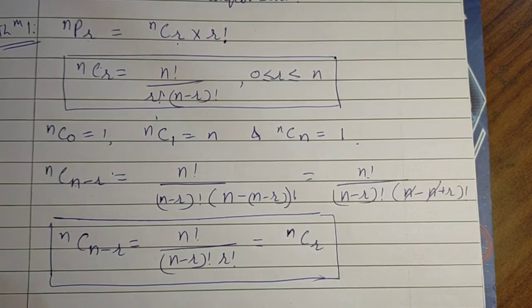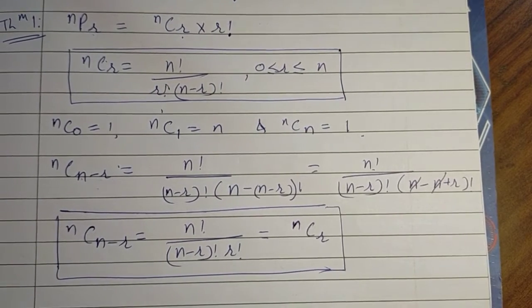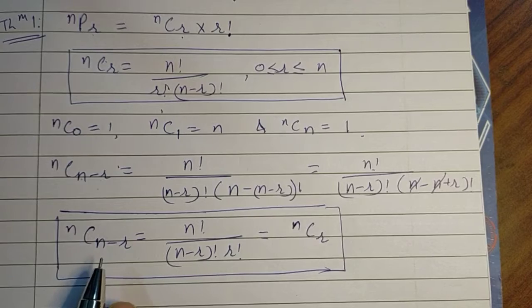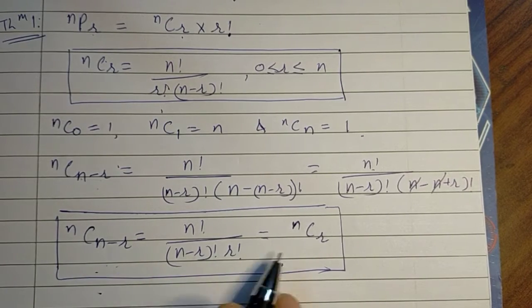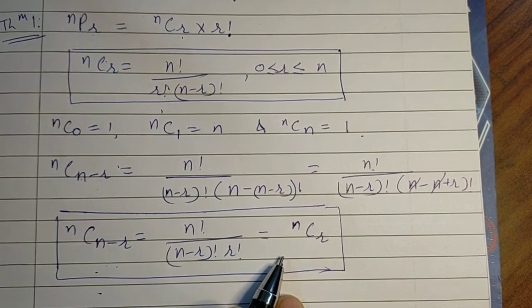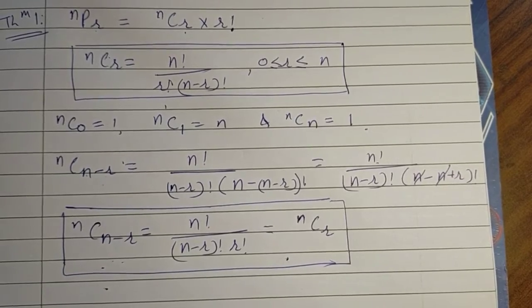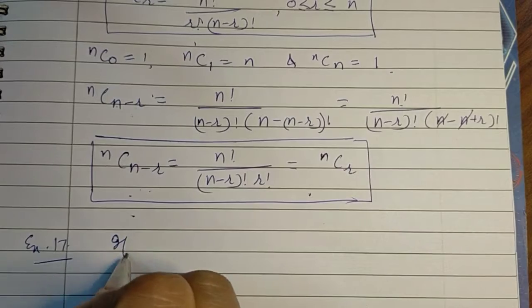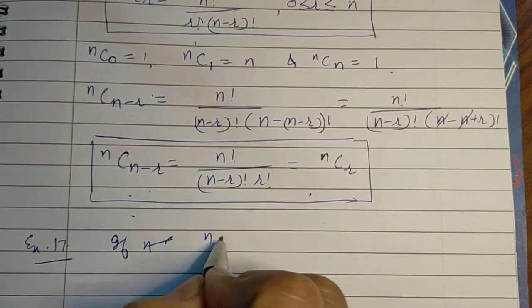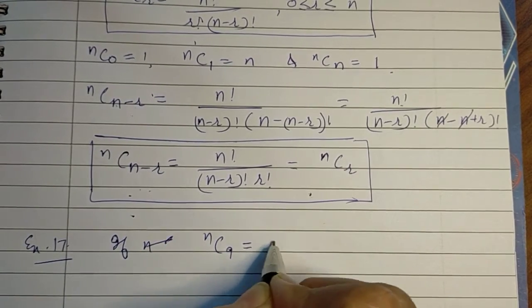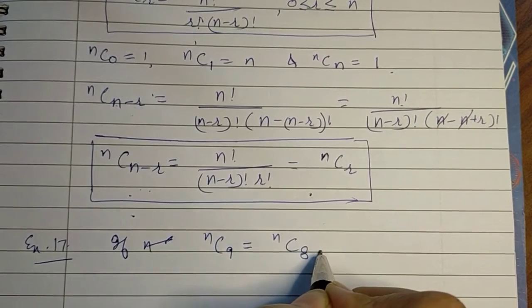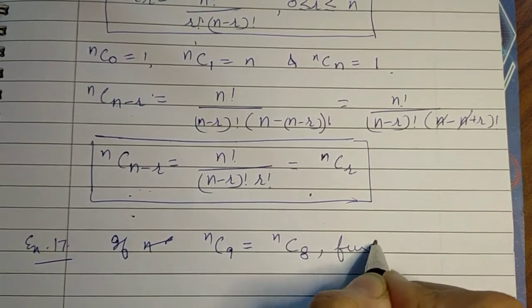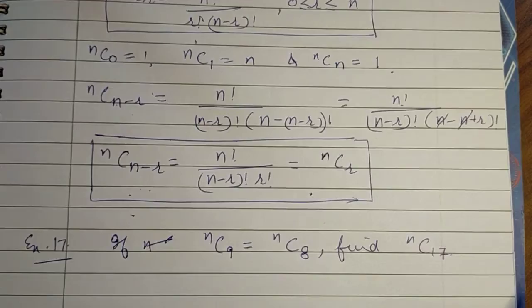So let's quickly do one question based on this, which will help us to realize the importance of this result. That is example number 17, which says that if nC9 equal to nC8, find the value of nC17.